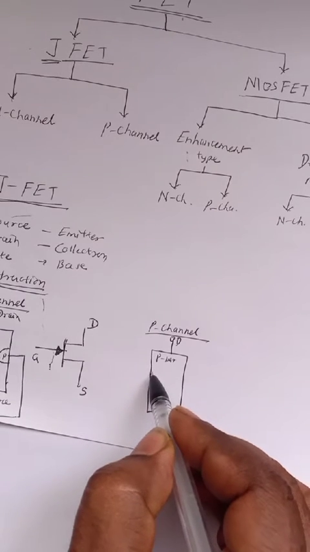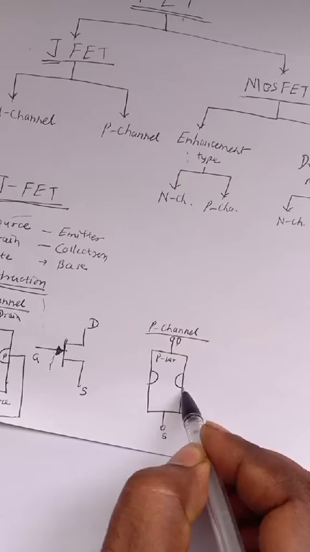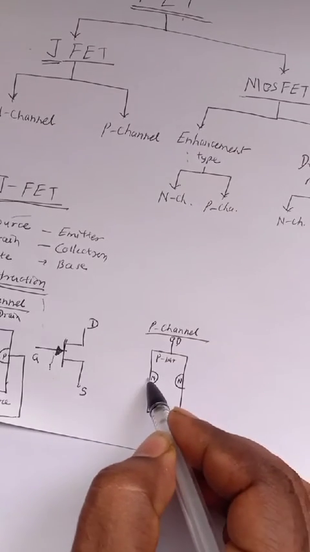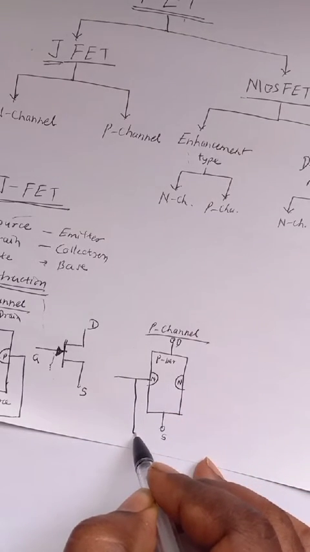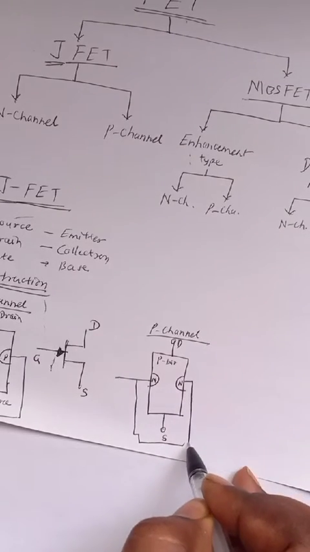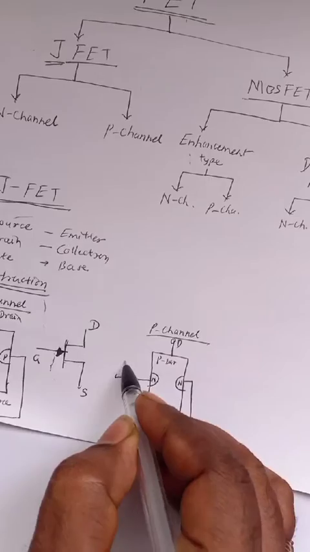So the two end junctions are formed on opposite edges. So it forms a junction, and these are interconnected to each other, and this is a gate terminal.